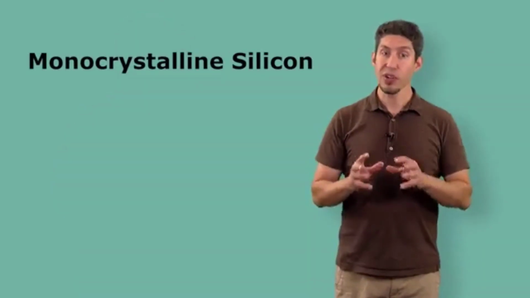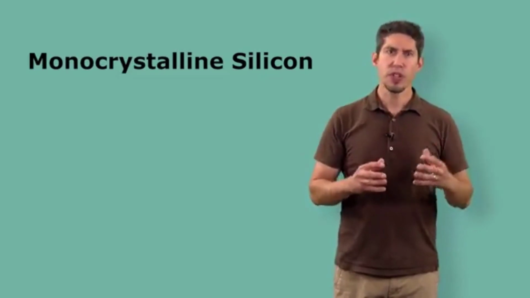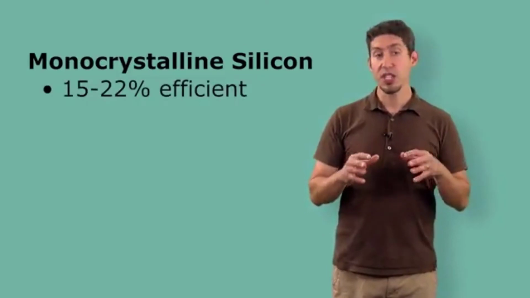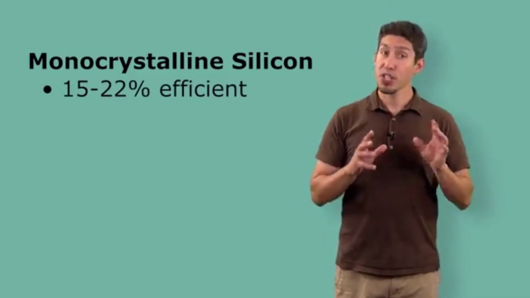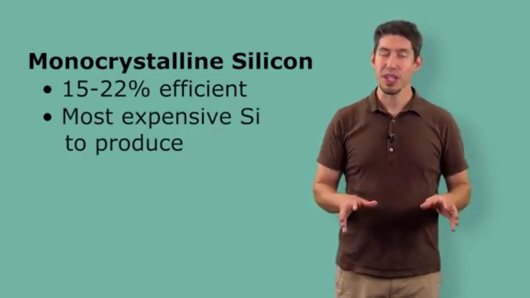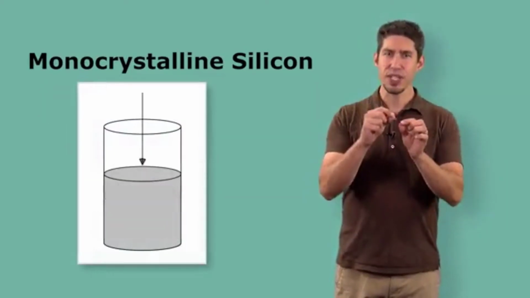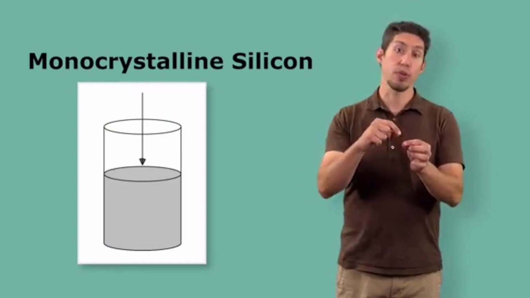Monocrystalline silicon, or single crystal silicon, is more efficient in converting light to electricity in the range of about 15 to 22%, but it's also the most expensive to produce. The silicon must be first melted down, and then a seed crystal is attached to a rotating thread or rod.